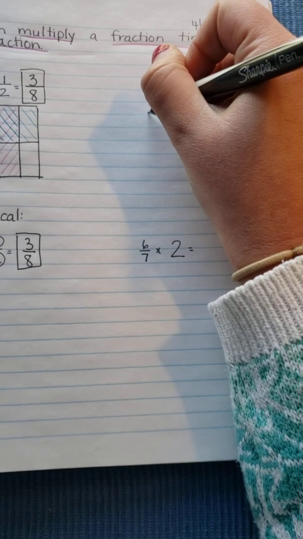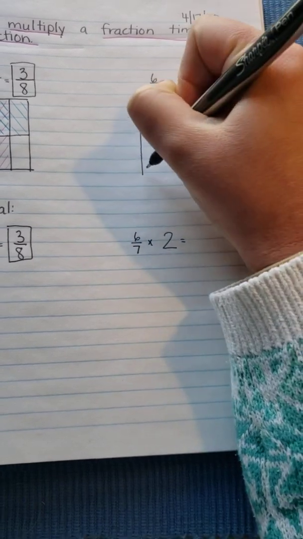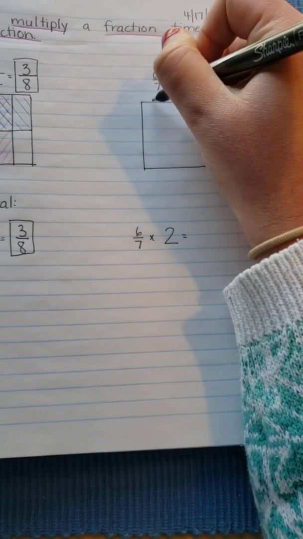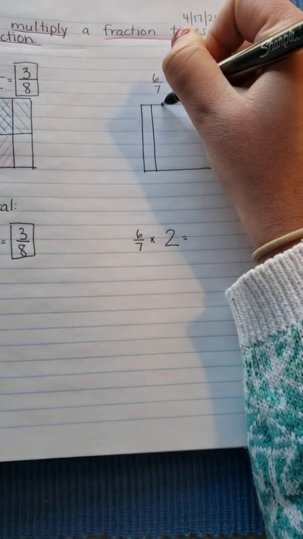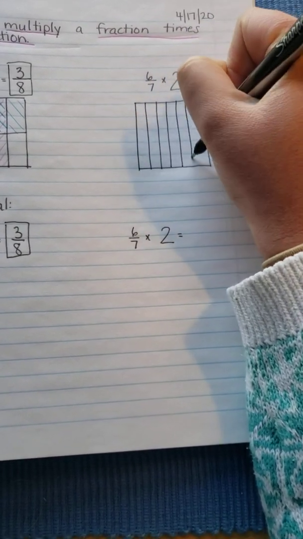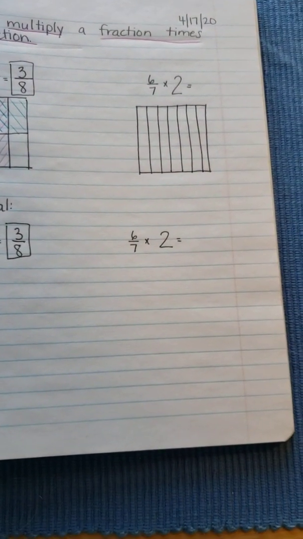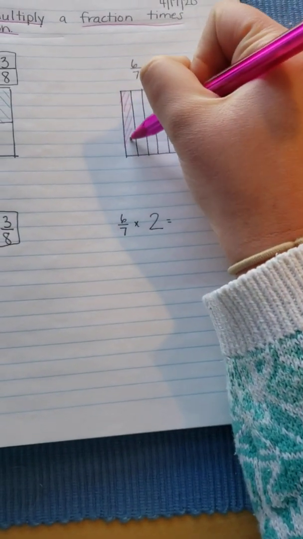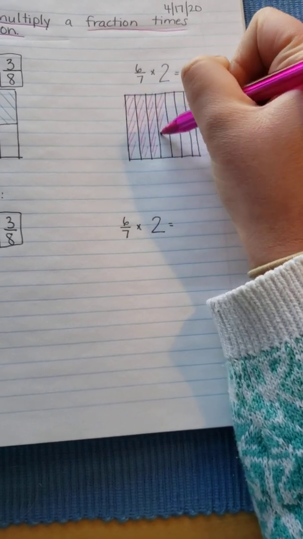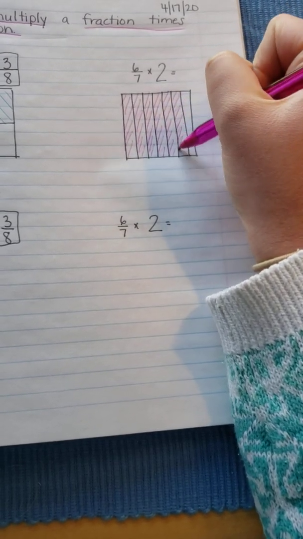So I can show this as 6/7. 2, 3, 4, 5, 6.